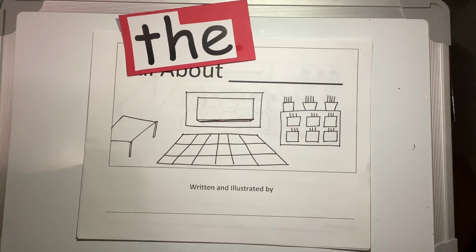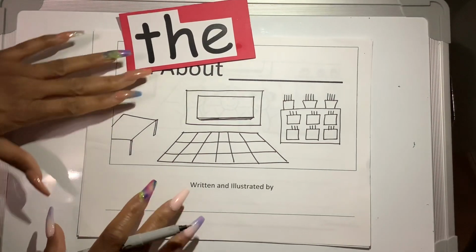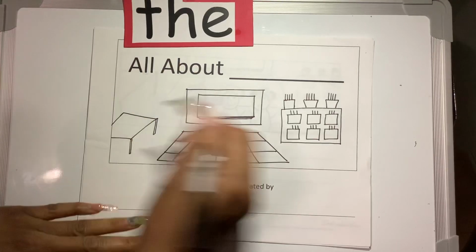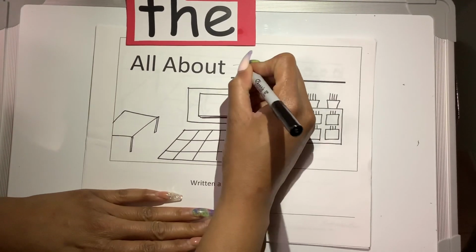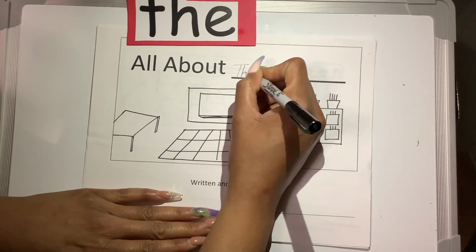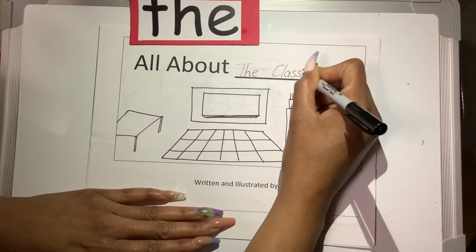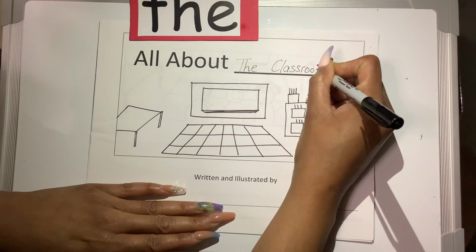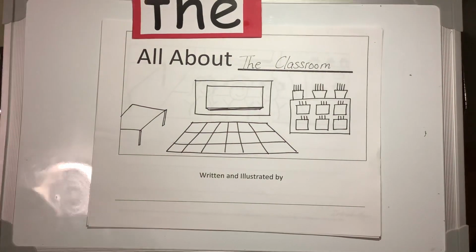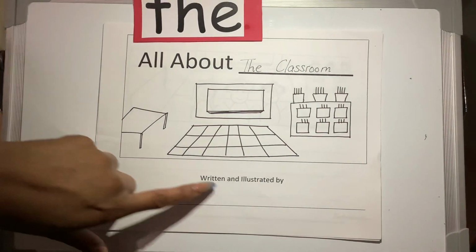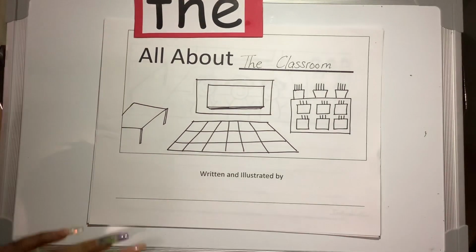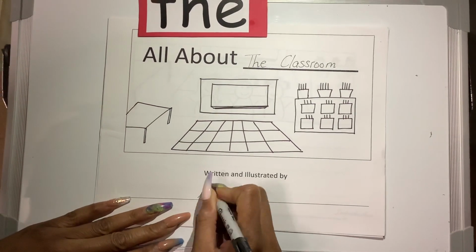Remember, any sight word, use your word wall so you are spelling your words correctly. All about the classroom. Okay. Written and illustrated by Miss Allen, because this is my book.